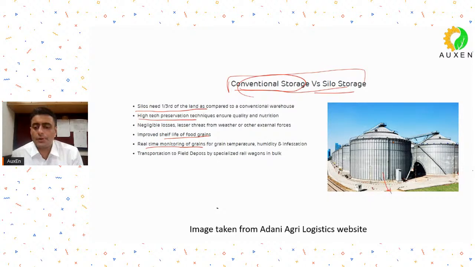As I told you, you take the discharge from the bottom, and you can either directly put them in rail wagons if you have to do a bulk discharge, or you can fill it up in gunny bags, or you can fill them in trucks. So there are a lot of options that you have to discharge them.